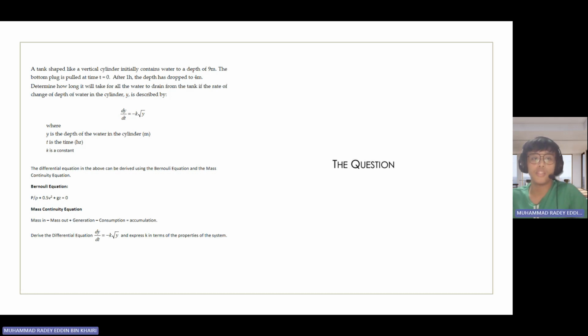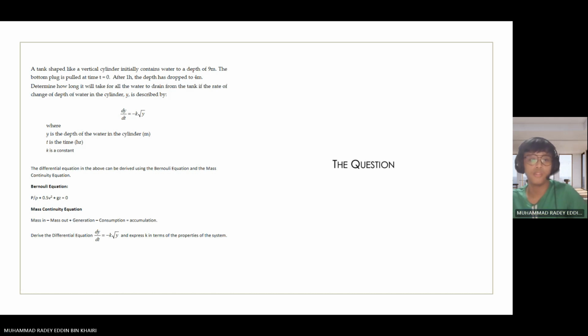The differential equation above can be derived using the Bernoulli equation and mass continuity equation. The Bernoulli equation is pressure over density plus 0.5 v square plus gz equals 0.